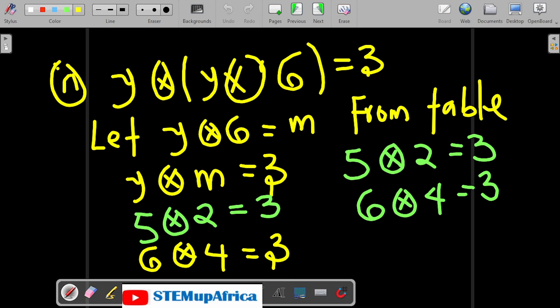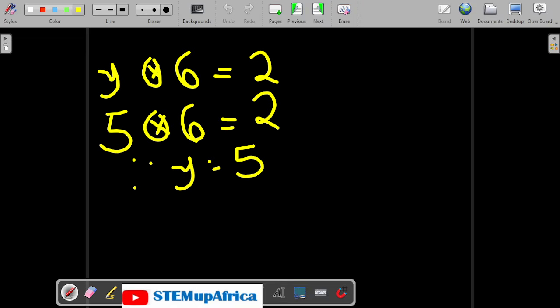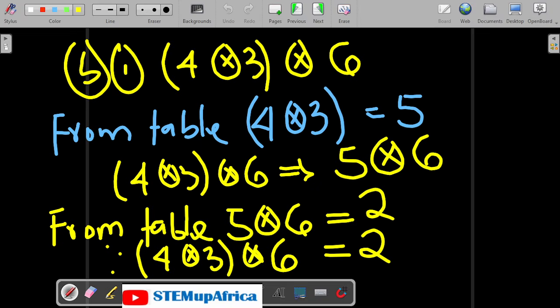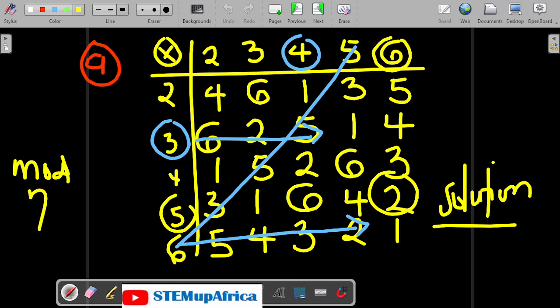So let's also check when m is now 4. For instance, now my m is 4. I'm going to have y multiplying by 6, the result is 4. So let's check from the table now. From the table, which number multiplies 6 that gave us 4? That is 3 and 6. 3 and 6 is giving us 4.